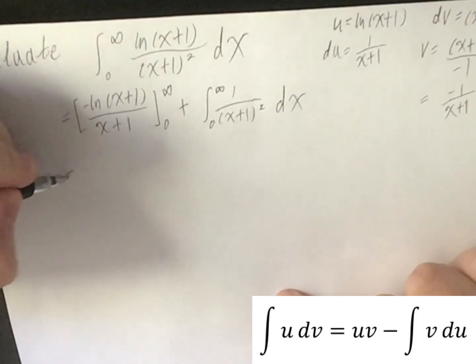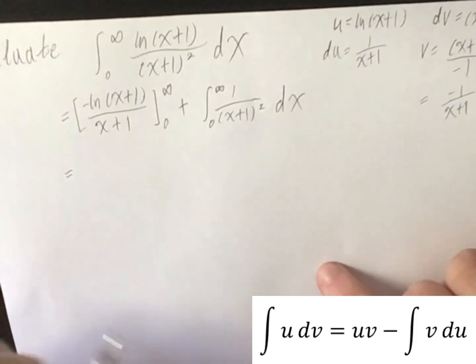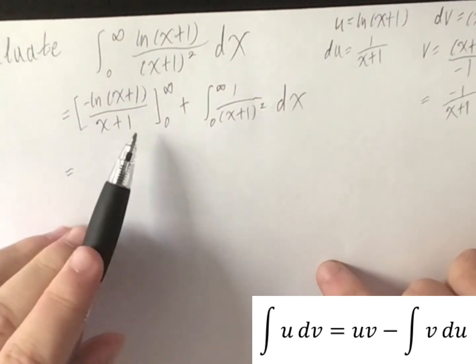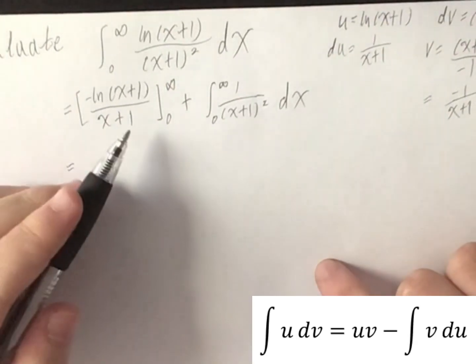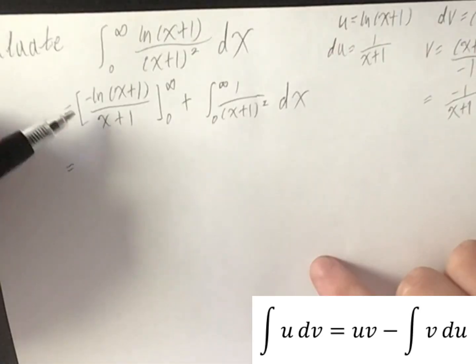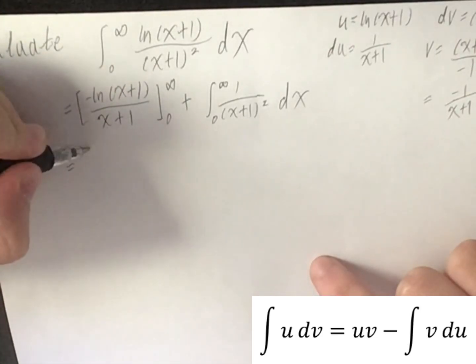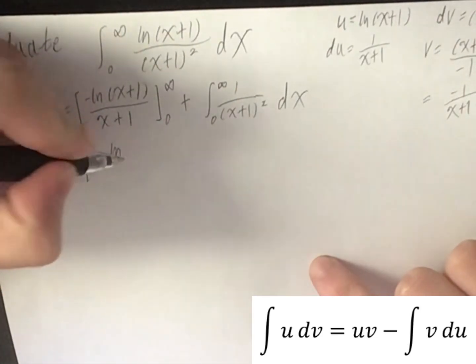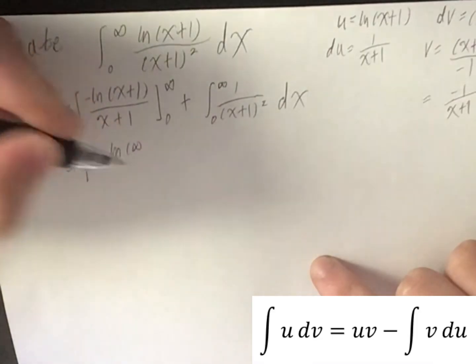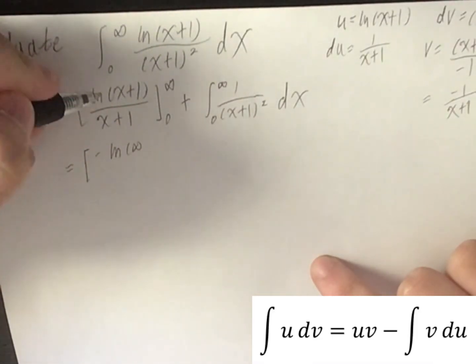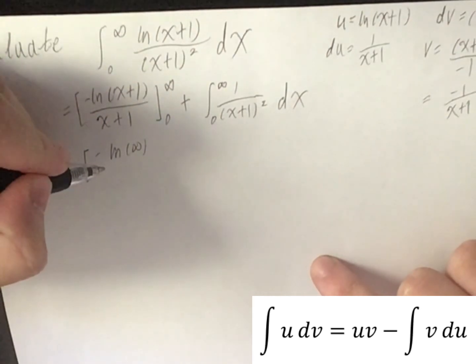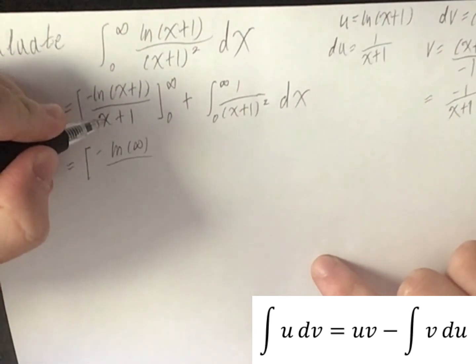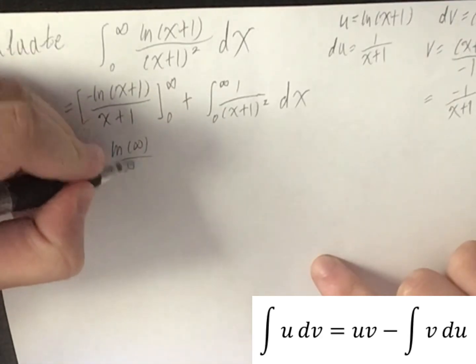And now you need to get used to this integration by parts in different integrals. You evaluate the first one and integrate the second one. So we'll do the evaluation first. For the first case it is negative ln of infinity, and infinity plus 1 is still infinity, over infinity plus 1, which is still infinity here.